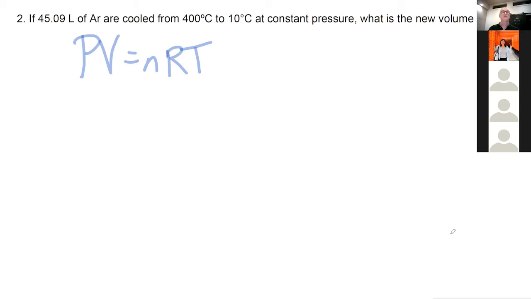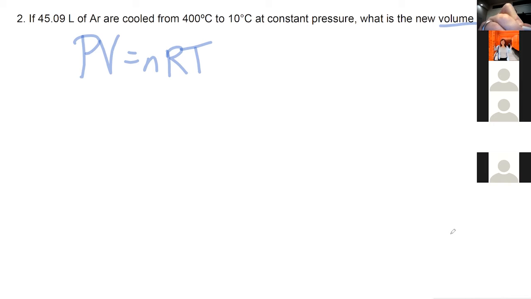So what are we trying to solve for here? Which one of these, P, V, n, R, T? Volume. We're trying to solve for volume, right? And what is being changed? Temperature. The temperature is being changed, and the pressure is staying the same.